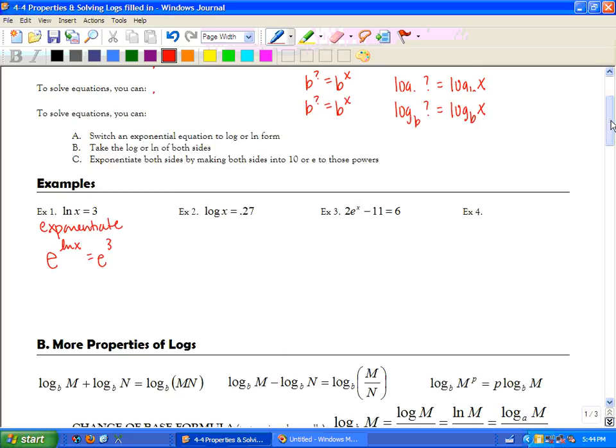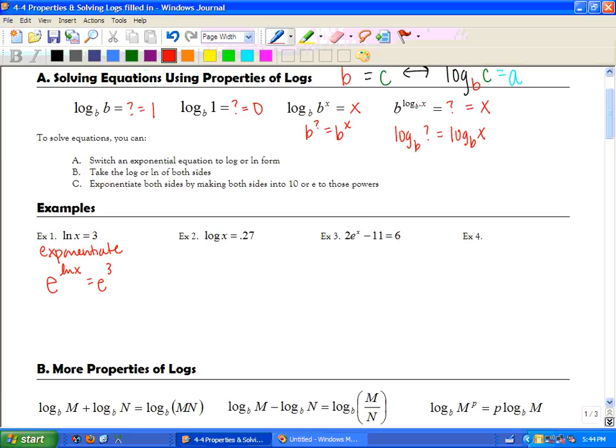And then using our same information we had up here, when the base and what's in the basement of the log are the same, that just equaled x. So in this case, we must have just x over here. It has to equal e cubed. So x is approximately 20.09 if you type that in your calculator.